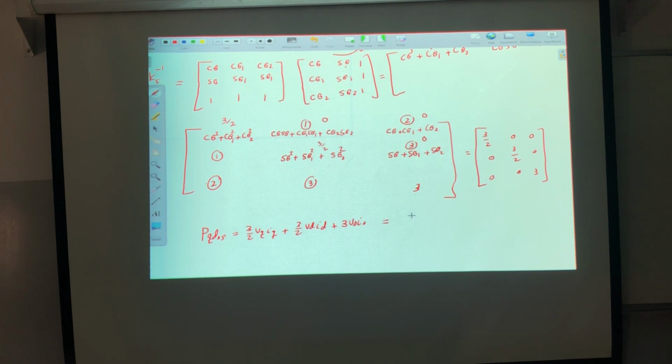So someone will say, if you are taking 3 over 2 as a common factor, why say VQ IQ plus VD ID plus 2 V0 I0? So now the power is not preserved. There's a scaling, which is 3 over 2. Why? Because I used the 2 over 3 in the transformation.